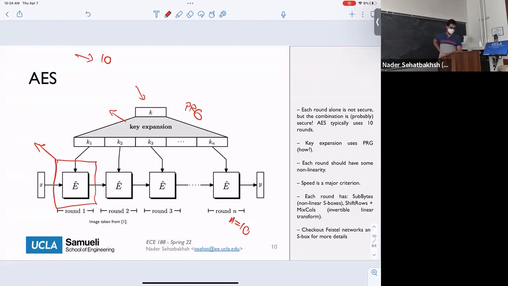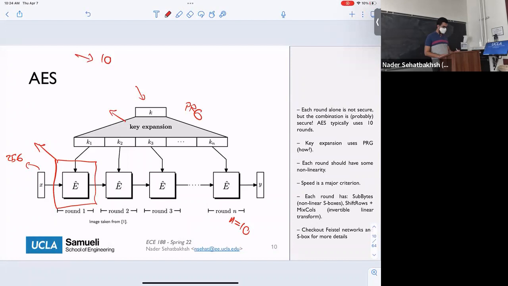I'm still not clear structurally what's different about the block cipher versus the stream cipher. If you remember, the stream cipher didn't look at blocks. Here X is a block. It's not one bit, it's a block of bits. For example, AES usually works on 256-bit blocks, so your X in this case is 256 bits.